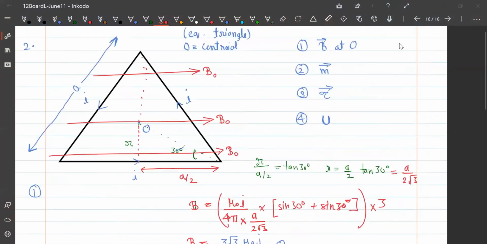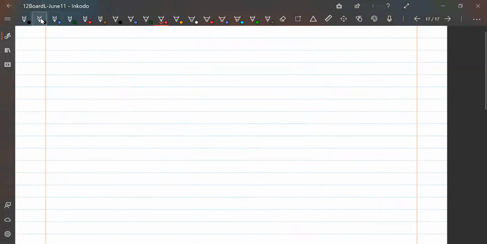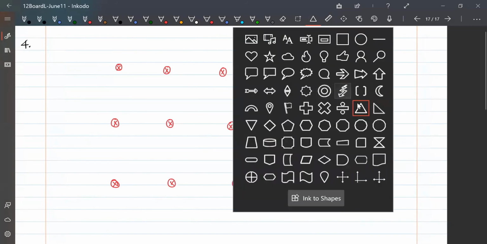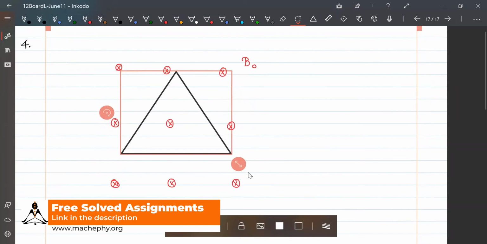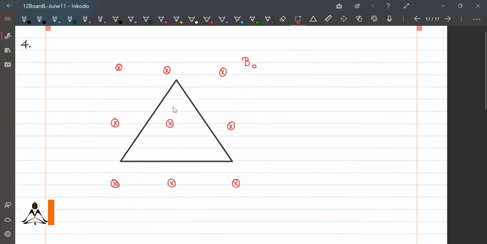Okay, in the next question, the magnetic field is into the plane in this region, and we have to find the force on this shape. The value of the magnetic field is B naught, and we have to find the force on this equilateral triangle.